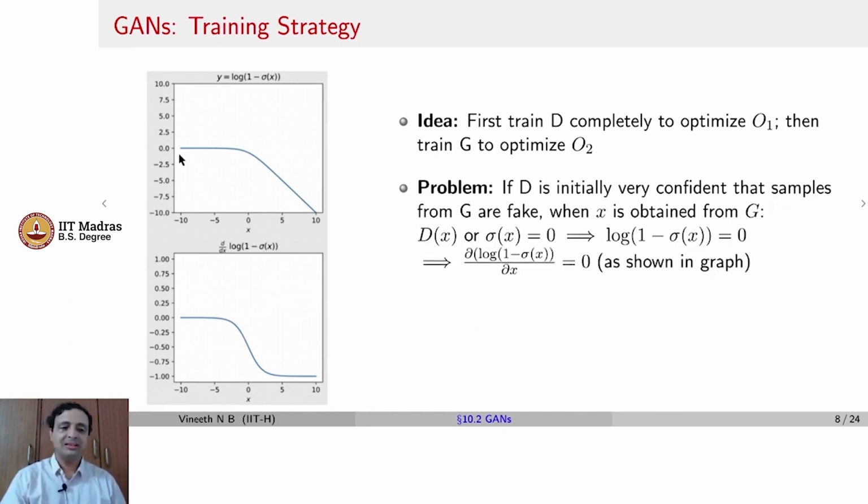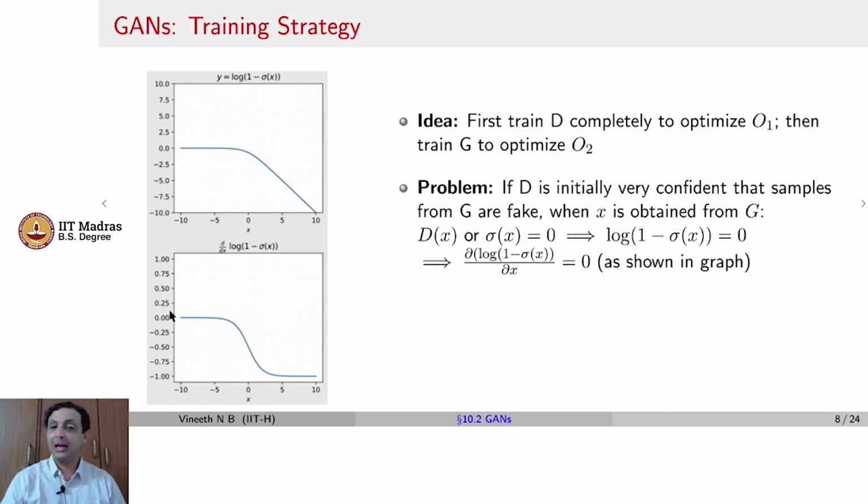And if you see the graph of log 1 minus sigma of X and the gradient of log 1 minus sigma of X, when log 1 minus sigma of X is 0, obviously the gradient is also 0.